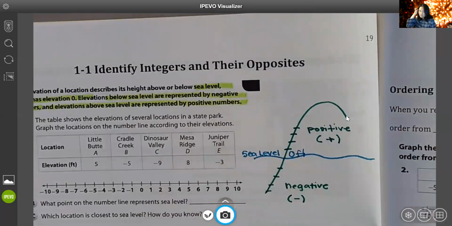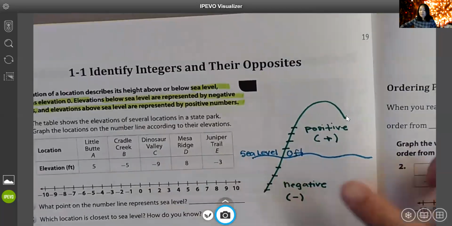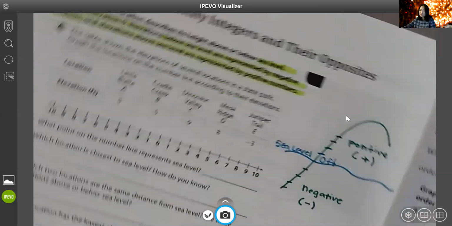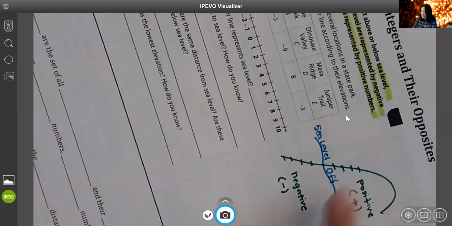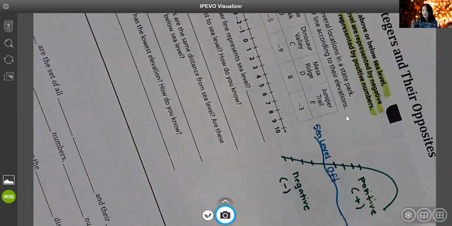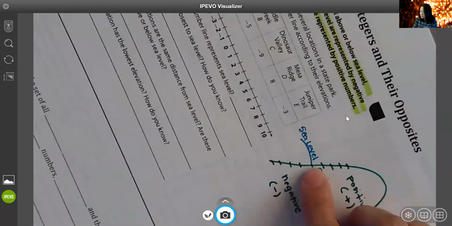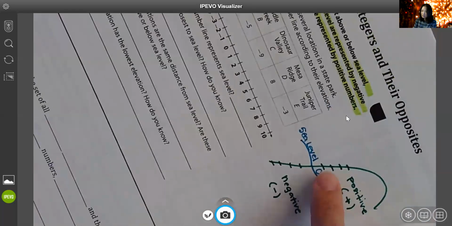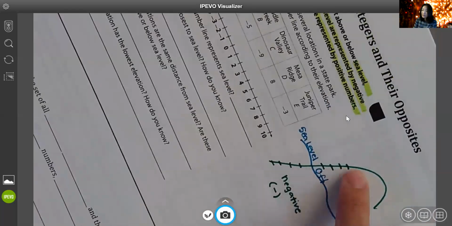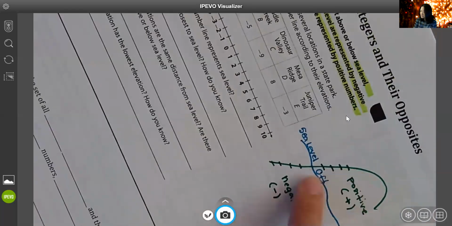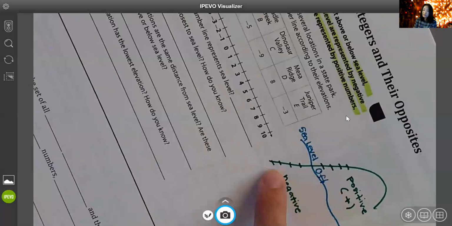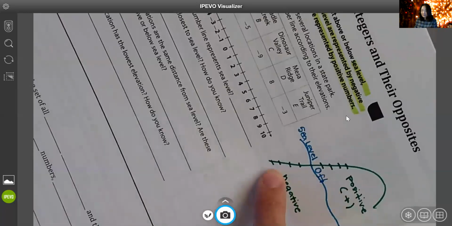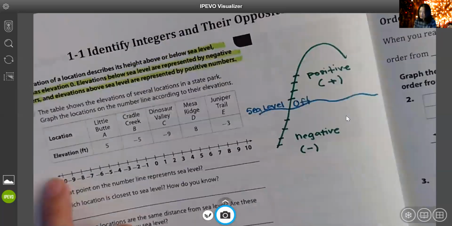You can also think about this as a regular number line, because if you were to turn this around, instead of going vertically top to bottom, it goes to the right and to the left. Here's 0, all of the numbers to the right are the positives, and all of the numbers to the left are the negatives. So here I have a number line.